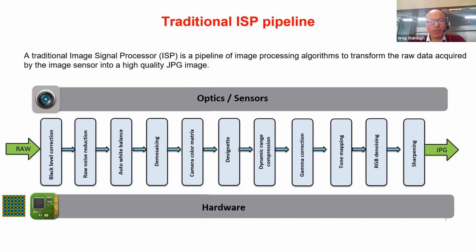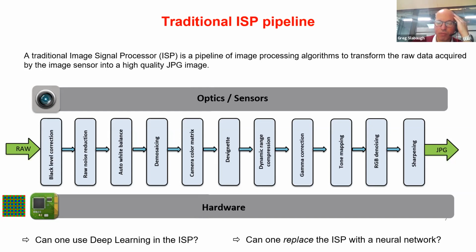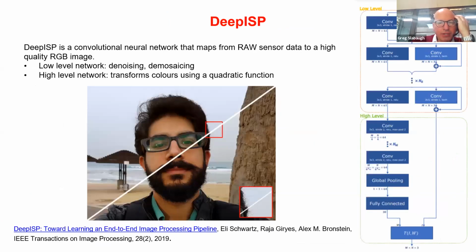But with the advent of deep learning, it's a question of whether you can use deep learning in the ISP, and more boldly, whether you can replace the ISP with a neural network. And the answer is yes.